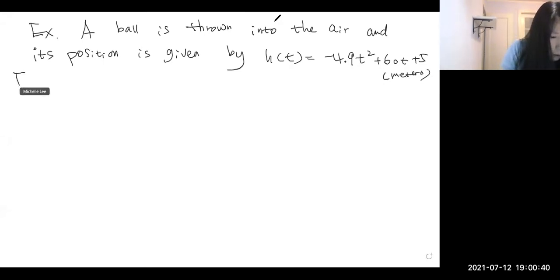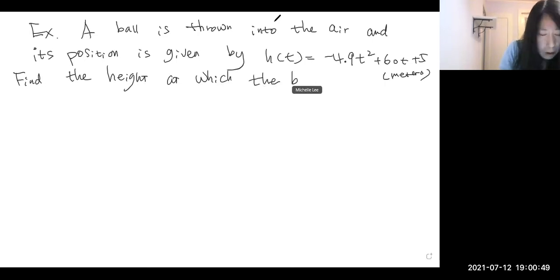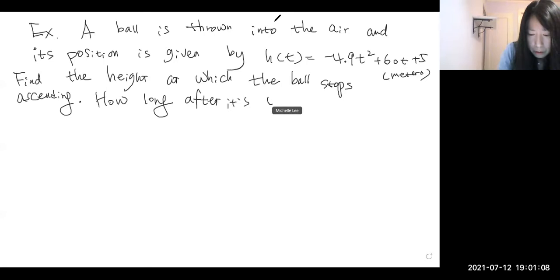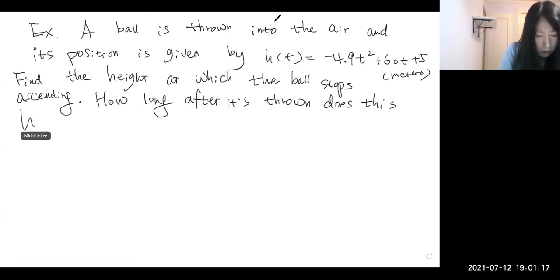Okay, find the height at which the ball stops ascending, and how long after it's thrown does this happen? So this is like that, right? Parabola downwards.